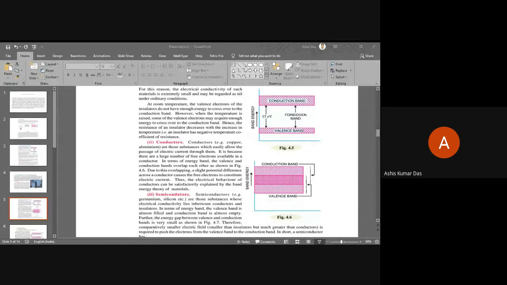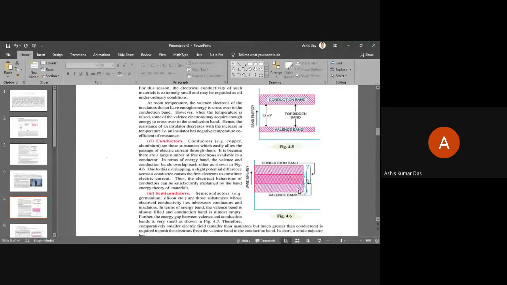This part is your conduction band, and this part is your valence band. Here we can see that there is an overlapping of the valence band and the conduction band with each other, and we can observe that in this case.